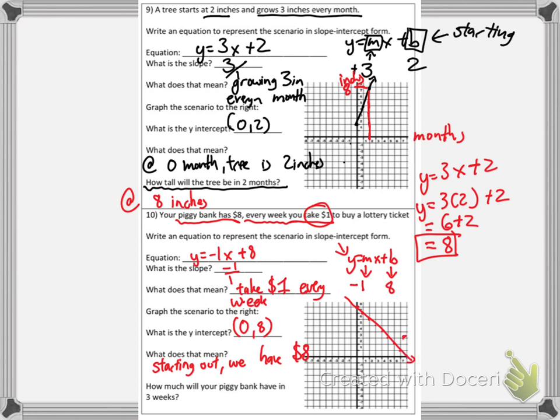How much money will your piggy bank have in 3 weeks? If I look at the graph at 3 weeks, x is in weeks, y is in money. So I have 1, 2, 3 right here, and right here, this will be at $5.